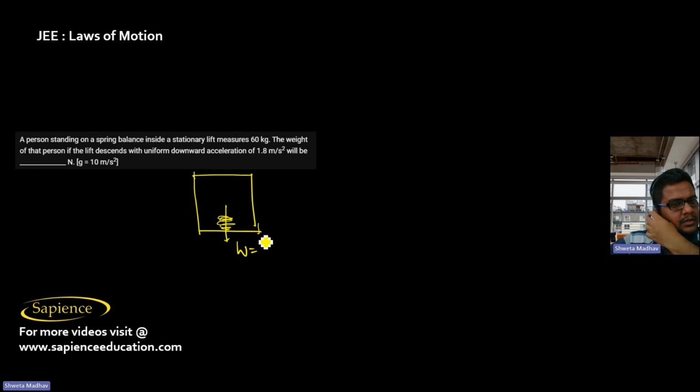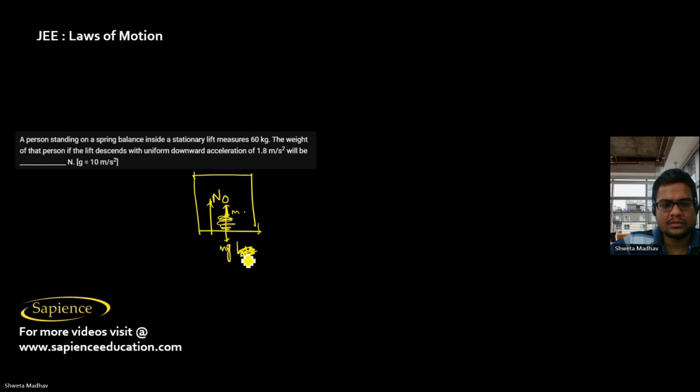The spring balance will measure the normal reaction. So this is the normal reaction, and this is mg. The mass is m.